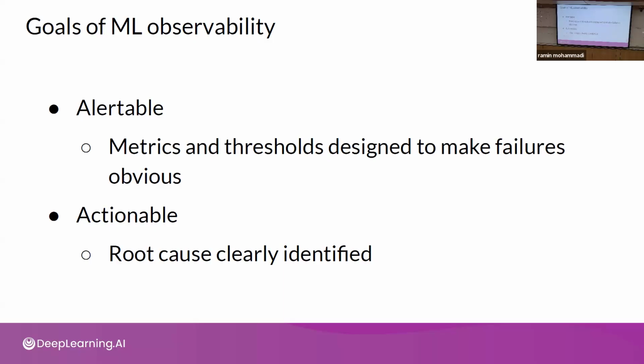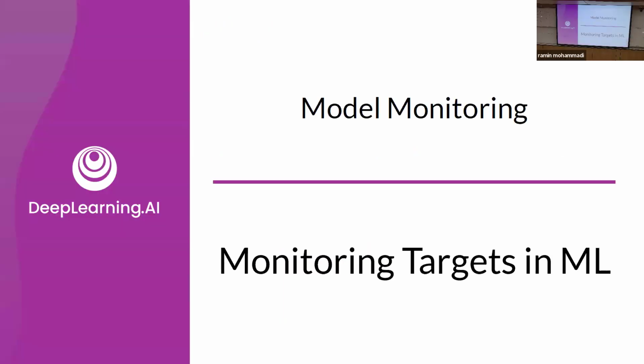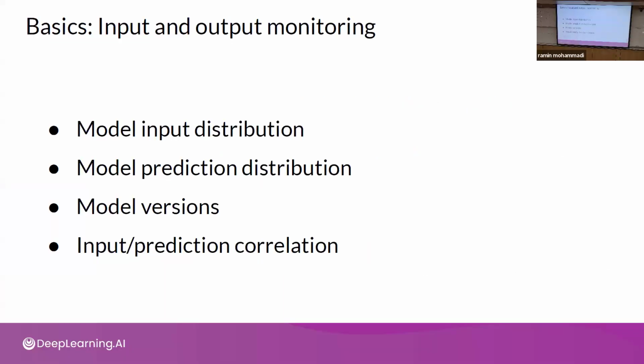Does it make sense? Now when it comes to monitoring, let's talk about the targets, the input and output of your model. Data comes in, there's a model, and there's data out.